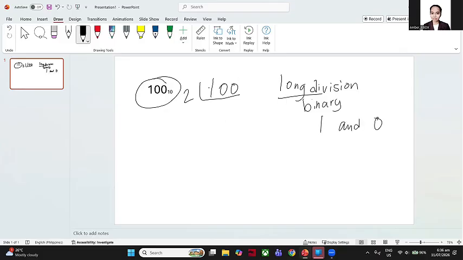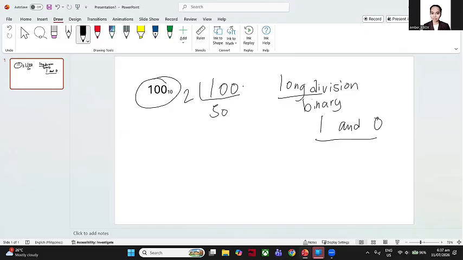That's why we divide by 2. So we divide 100 by 2, which is 50, right?